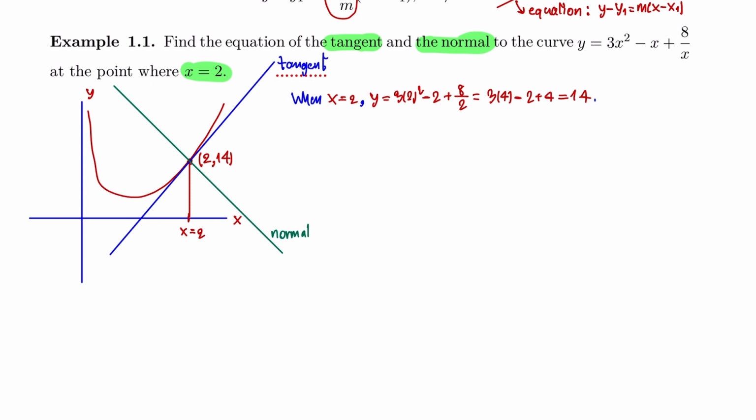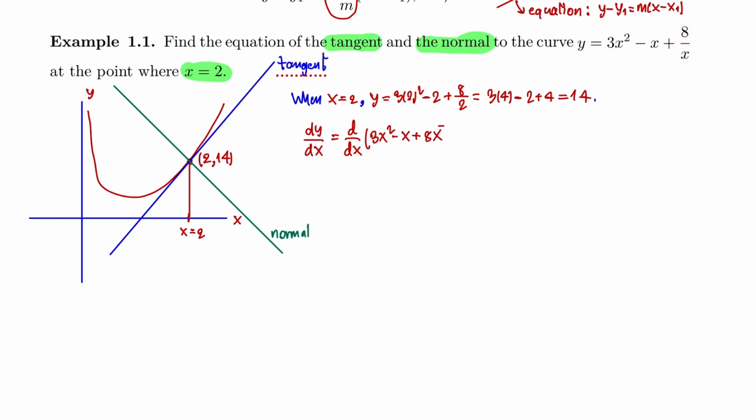Let's find the tangent. To find the tangent, we have to differentiate this equation with respect to x, right? So we have to find dy by dx, the derivative of y with respect to x. So it turns out to be d by dx of 3x squared minus x. Now we have 8 over x, which is 8 times x raised to the minus 1.